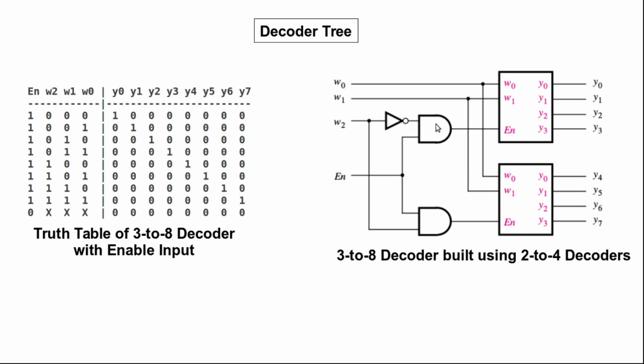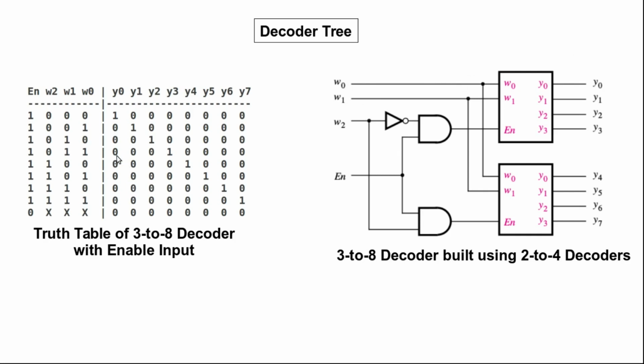Now we are connecting the inputs in such a way that the behavior of this logic circuit will be that of a 3 to 8 decoder with enable input, which means this logic circuit that we have here will implement this truth table.